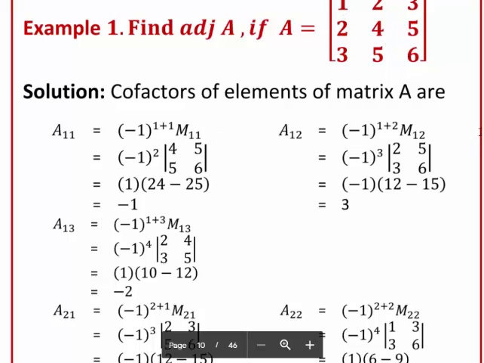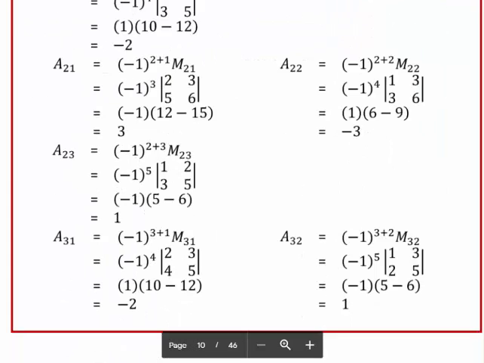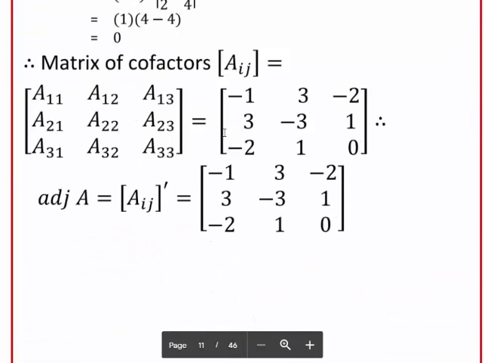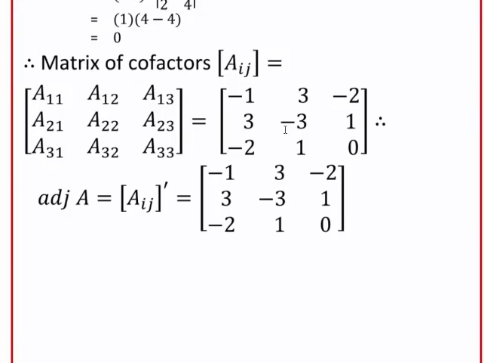Similarly, we can do this for all entries and substitute all these values of Aij in the matrix. So we get this cofactor matrix: minus 1, 3, minus 2, 3, minus 3, 1, minus 2, 1, 0.